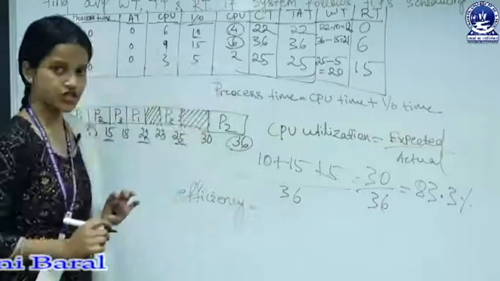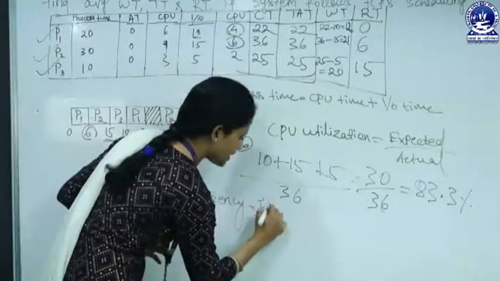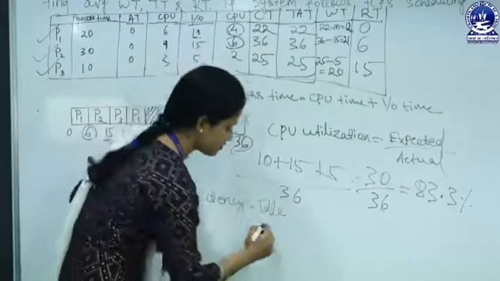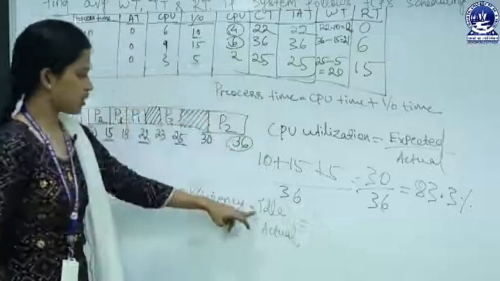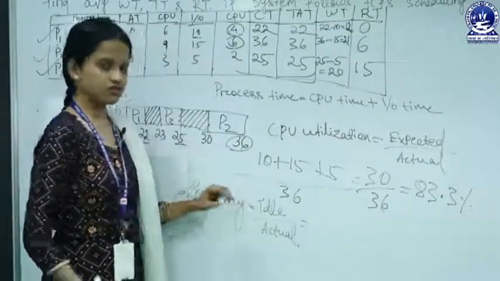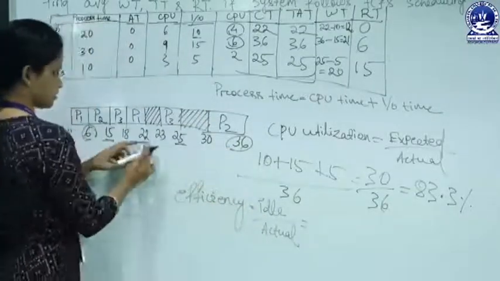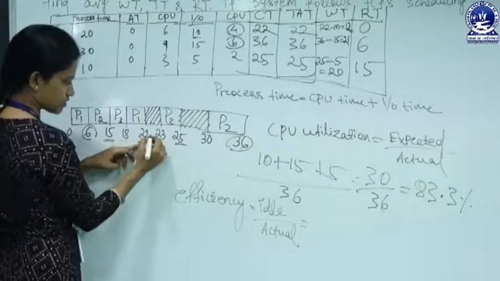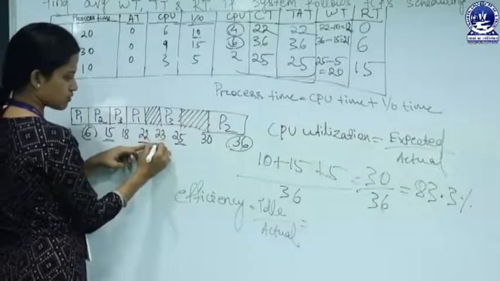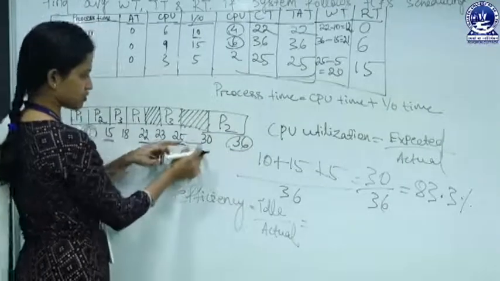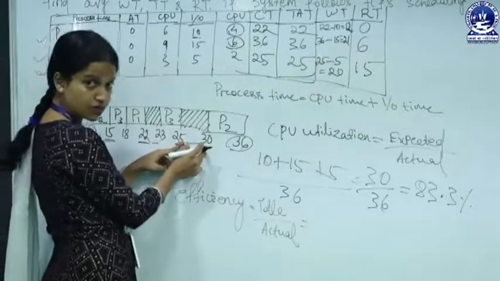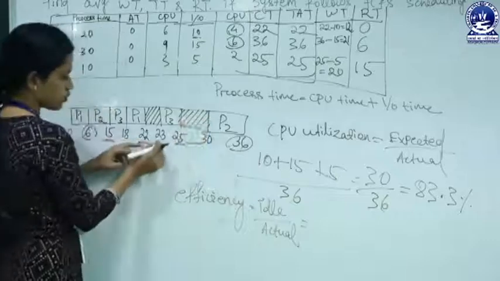Fine. Efficiency is the CPU idle time divided by actual time. How long was the CPU idle? So, this one, look at this, for 1 unit of time and next for 5 units of time. Here for 5 units of time the CPU was idle and for 1 unit of time.